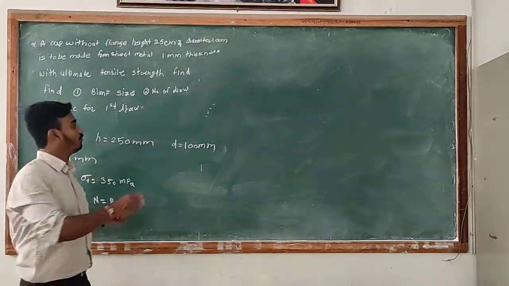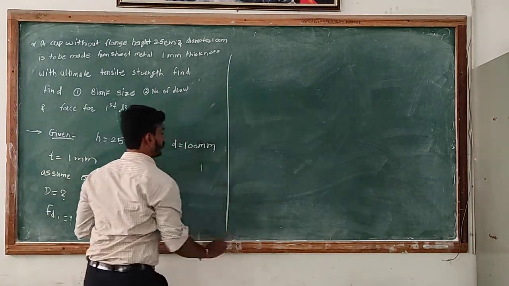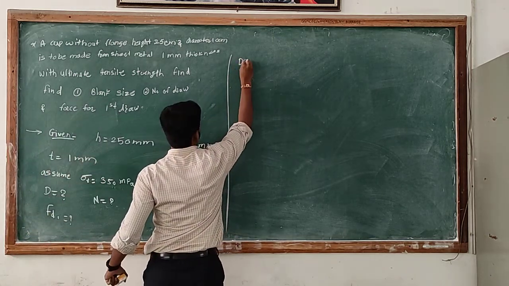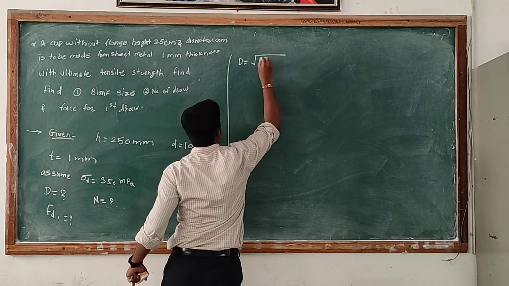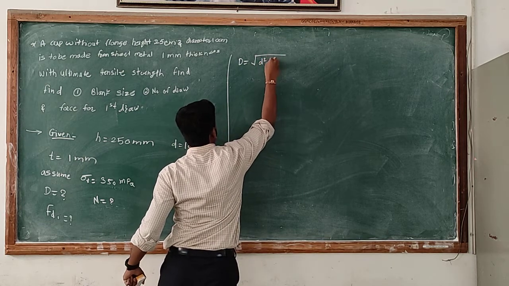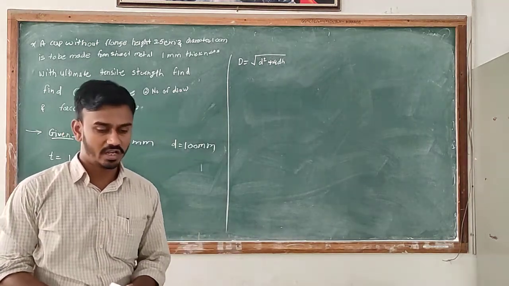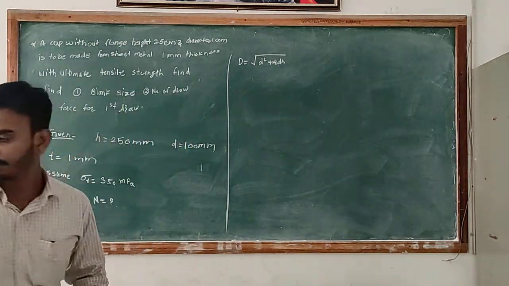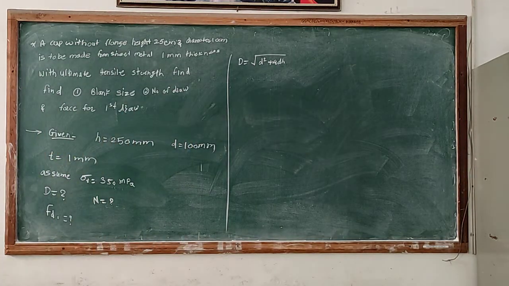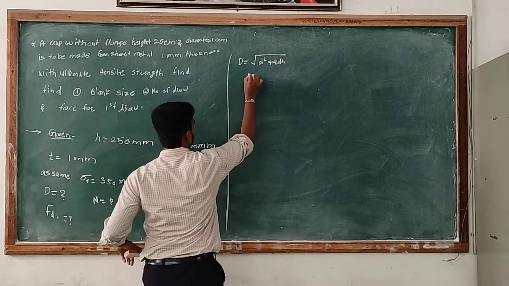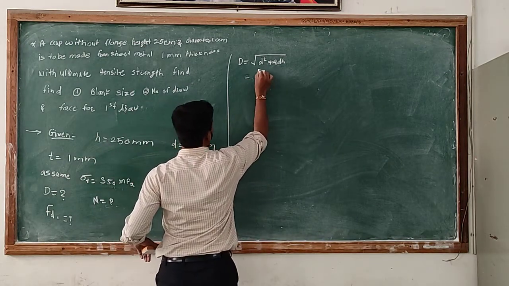Now first of all we will find out the capital D. The formula for capital D is equal to the square root of small d square plus 4 d into h. Now put the values here.